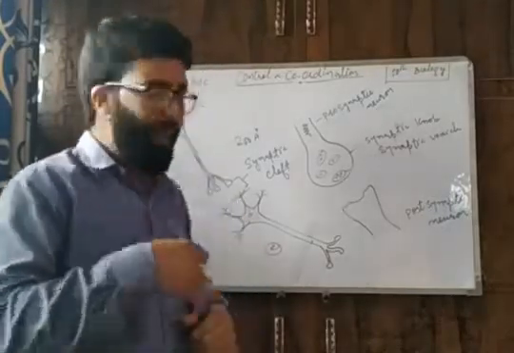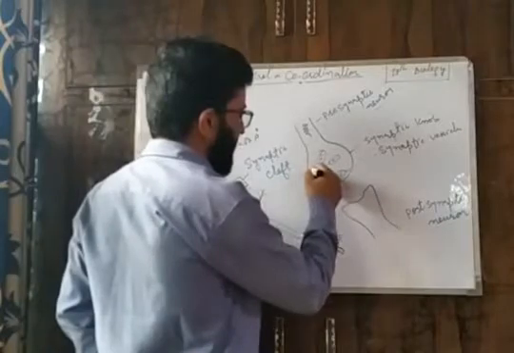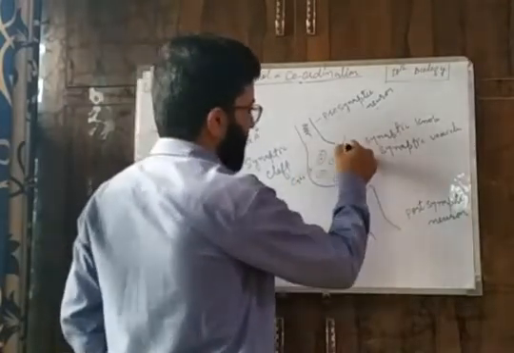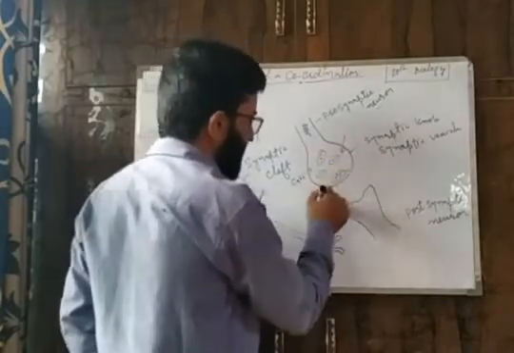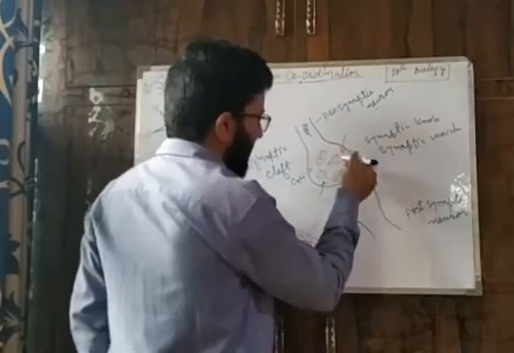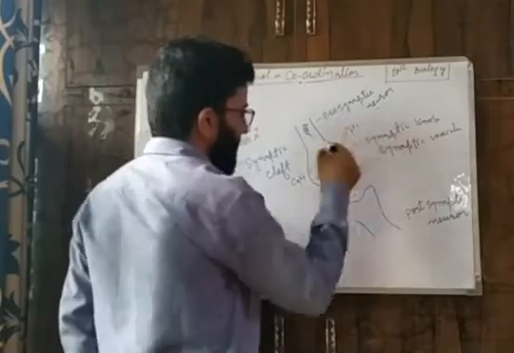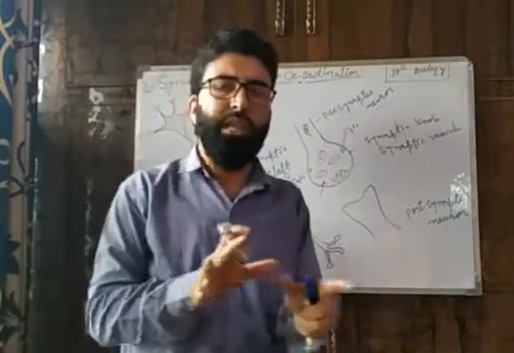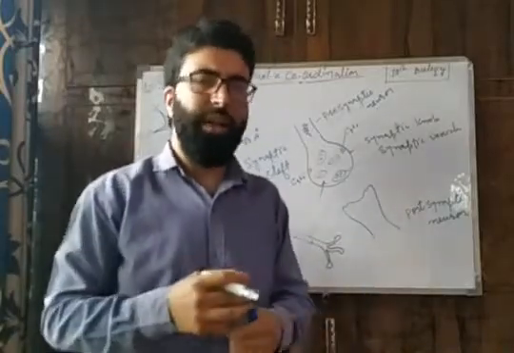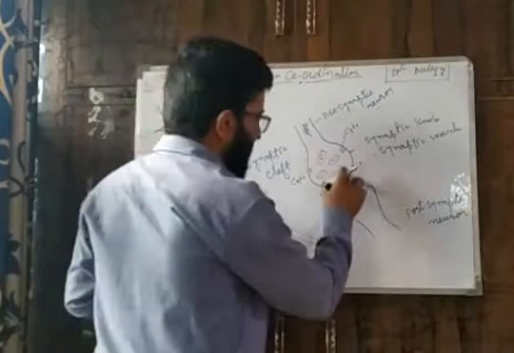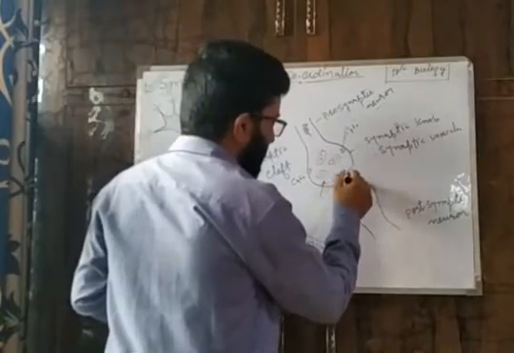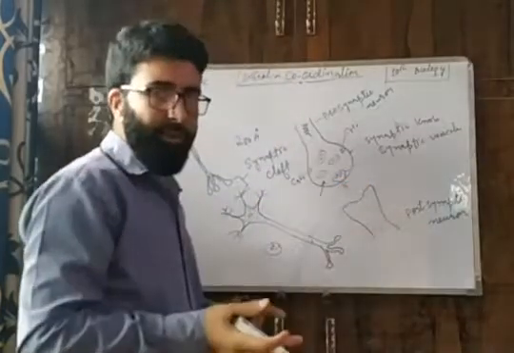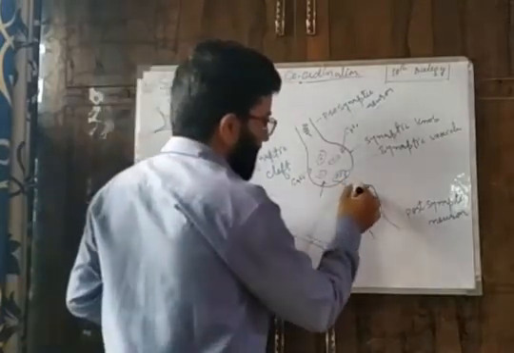Calcium ions are taken into the synaptic knob from the synaptic cleft or from the surroundings. When calcium ions enter, it makes the synaptic vesicles release the chemicals by the process of exocytosis into the synaptic cleft.